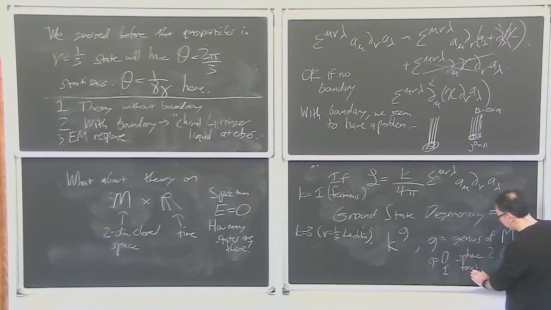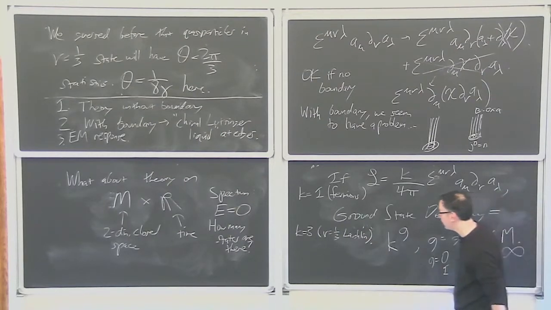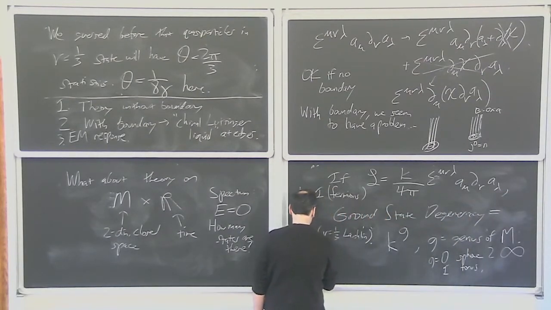The only case where I've ever done the calculation myself is for the torus, I should say, and the sphere. For the torus, you'll find that there's a 3-fold degeneracy of the Laughlin state on the torus.